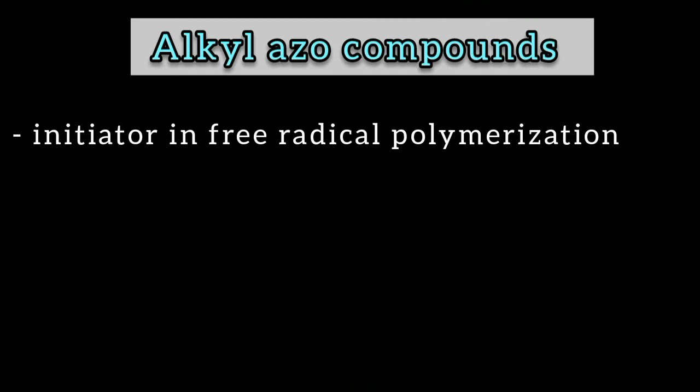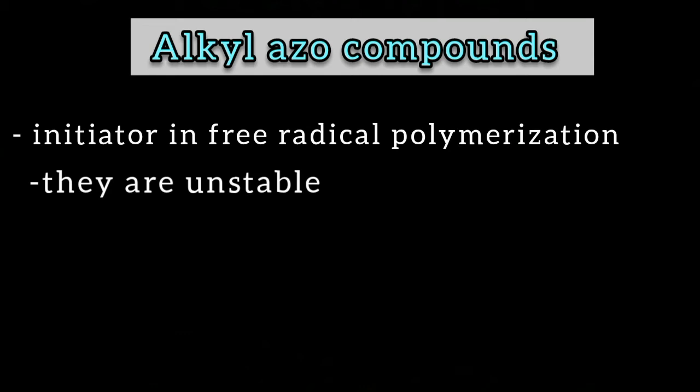Free radical polymerization is when a polymer forms by the successive addition of free radical building blocks, and this is why alkyl azo compounds are not as stable as aryl azo compounds. It's because free radicals are used as the building blocks, and radicals are very, very reactive.